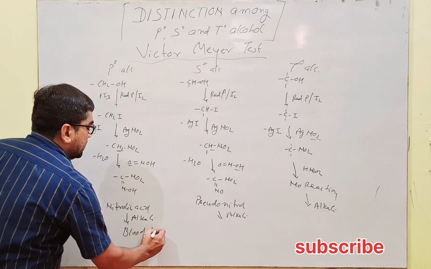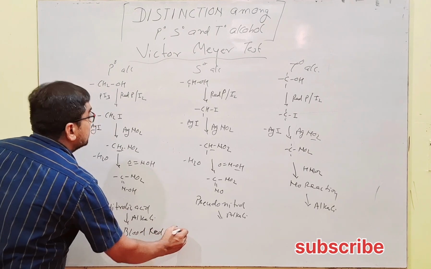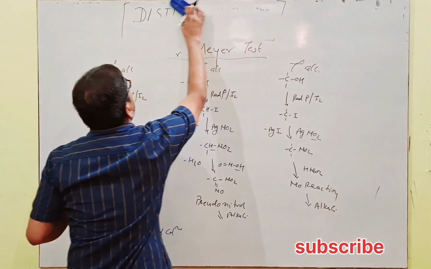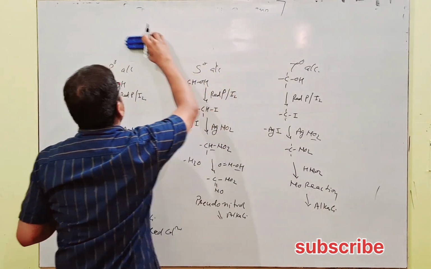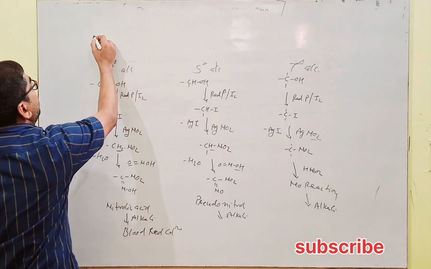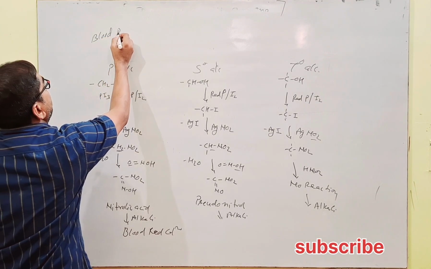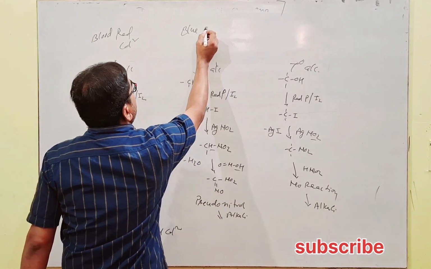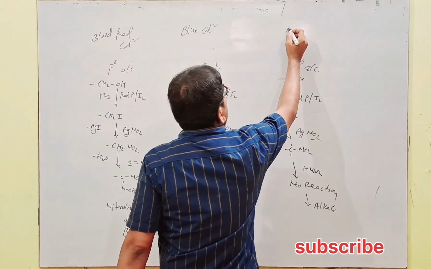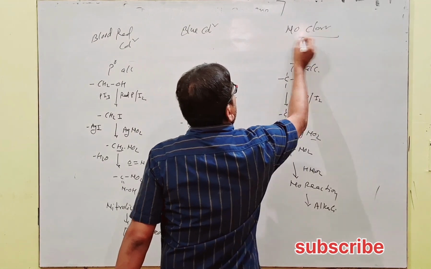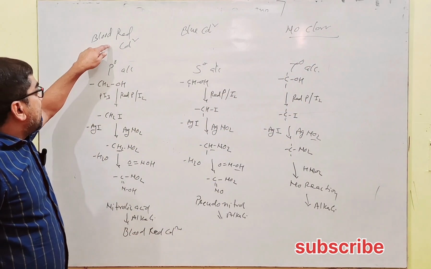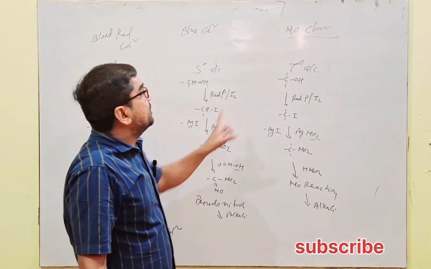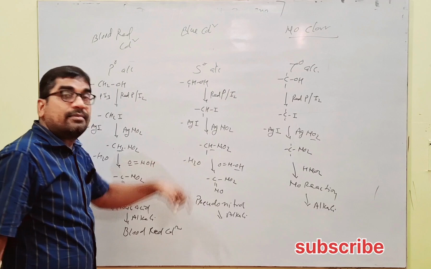In the Victor Meyer test, in primary the color obtained is blood red, while in secondary blue color, and in tertiary no color. So primary gives blood red color, secondary gives blue color and tertiary no color in the Victor Meyer test.